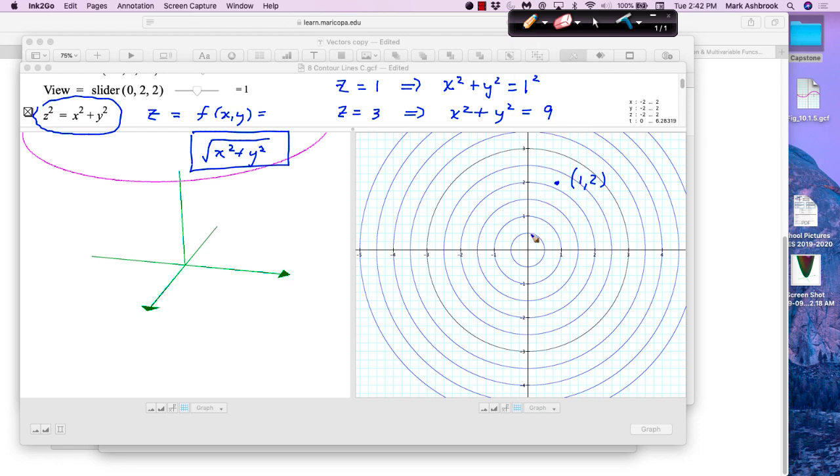So what's the value of the function here along that level curve? 0.5. Right? If you stay on that level curve, all these xy ordered pairs give a z value of 0.5.